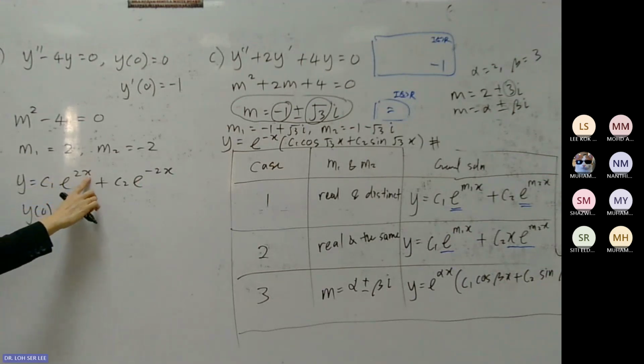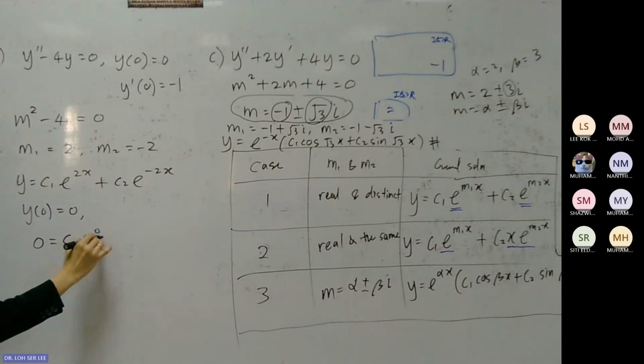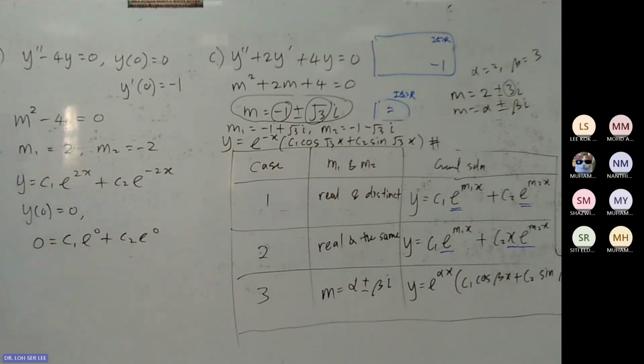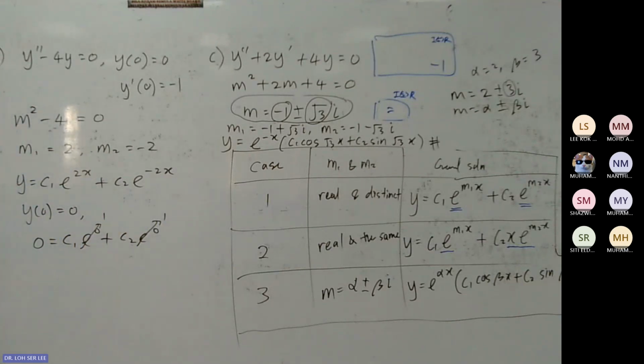You substitute x = 0, y = 0 into this. So C1 e^0 plus C2 e^0, right? e^0 is 1. So from here you get one equation.